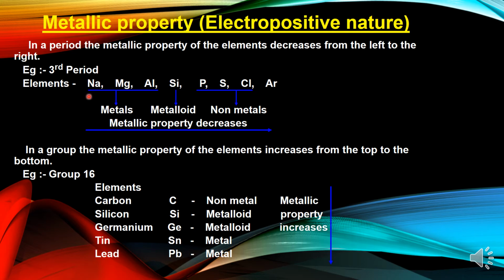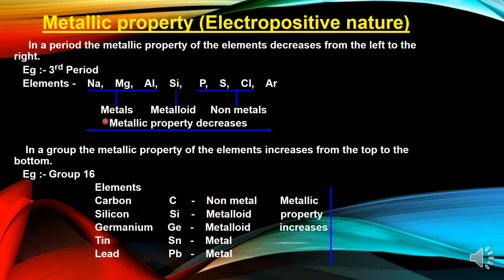Children, when we are moving from left to right in a period, first we see sodium, magnesium and aluminium. All these three are metals. Silicon is a metalloid. Then phosphorus, sulfur and chlorine are non-metals.